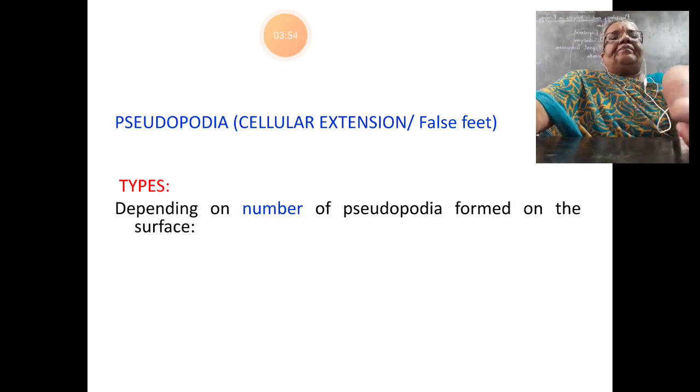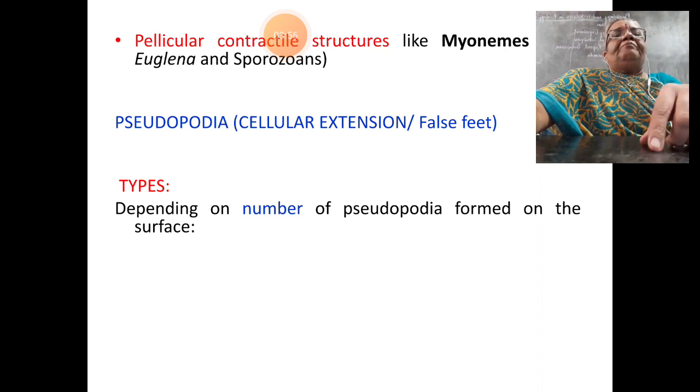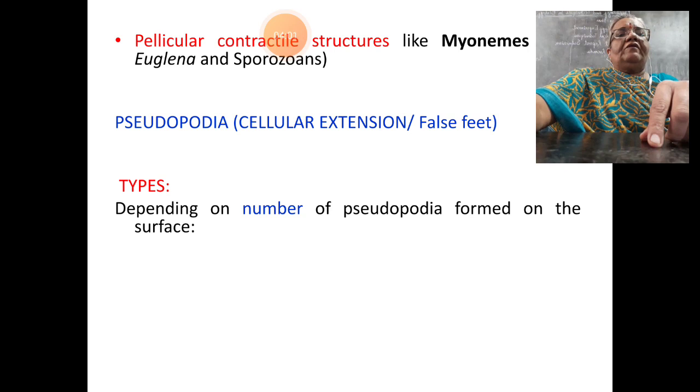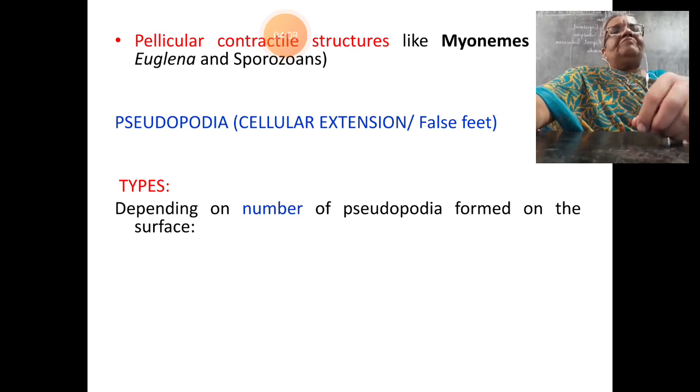Then, pellicular contractile structures like myonemes, which you see in euglena and sporozoans. Of course, this is not there in your syllabus and you are not studying in detail, but you should know, apart from what you are studying, there are other locomotory structures also.